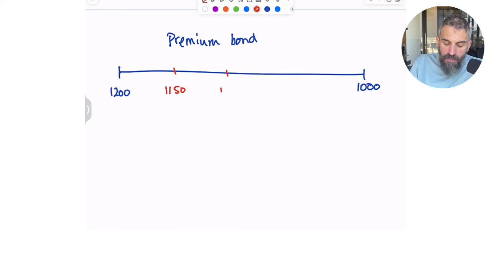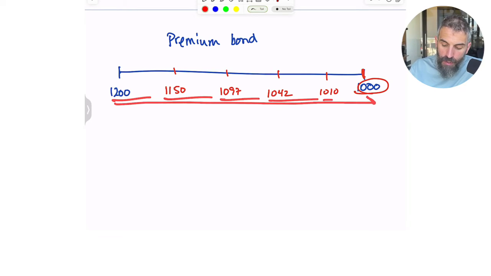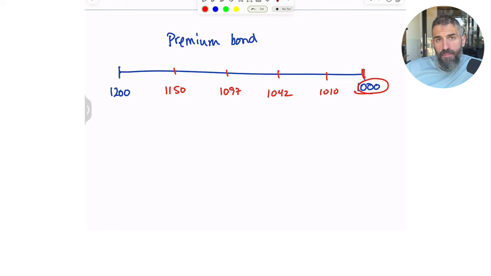A year after that, it might be $1,097. A year after that, it might be $1,042. A year after that, it might be $1,010. And at maturity, it's going to equal 1,000. So even though nothing changes in the economy, the value of your bond is always going to return to its par value.